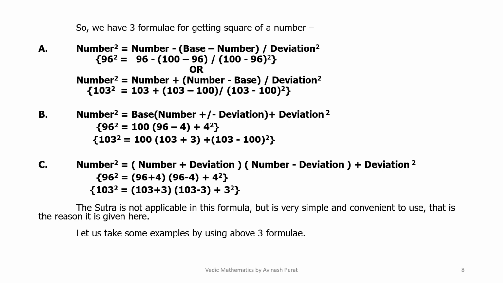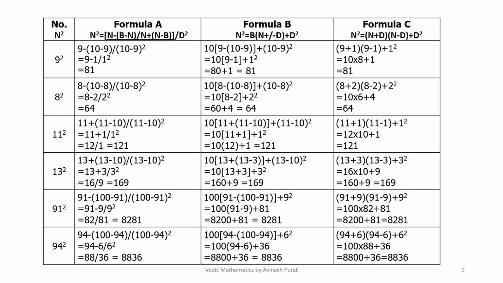Let us take some examples by using the above three formulae. This is a table showing squares of numbers using the three formulas shown above. So 9 squared. First formula: 9 minus (10 minus 9) stroke (10 minus 9) squared equals 9 minus 1 stroke 1 squared equals 81.